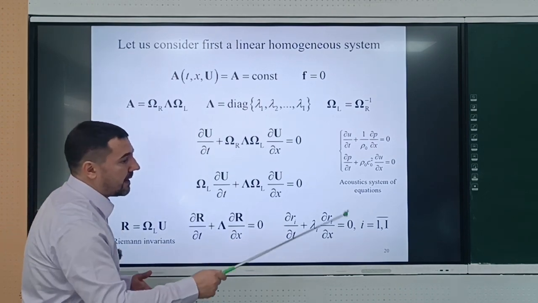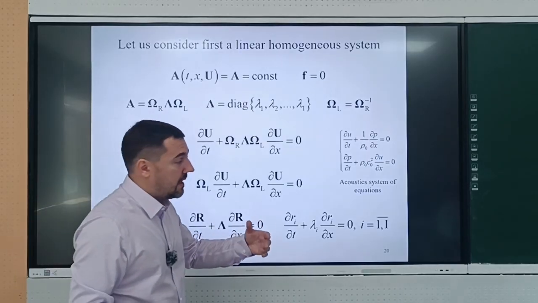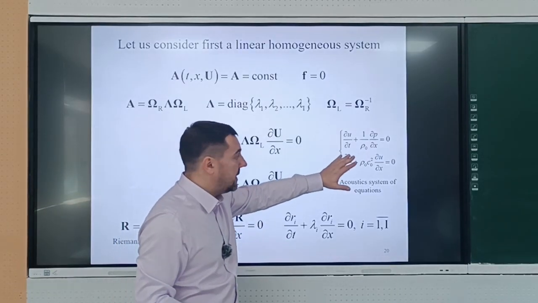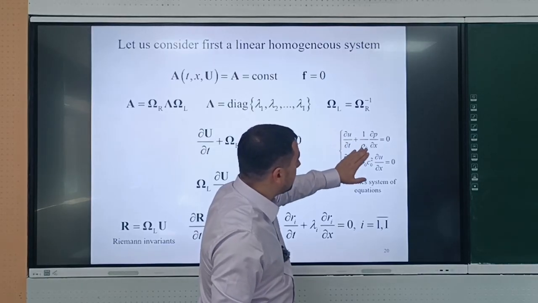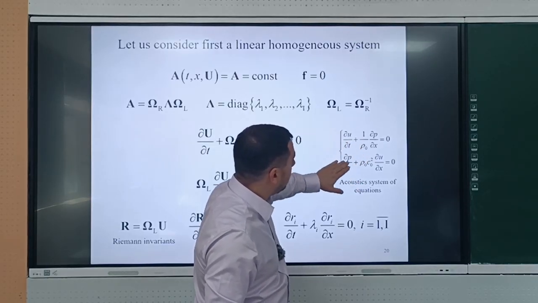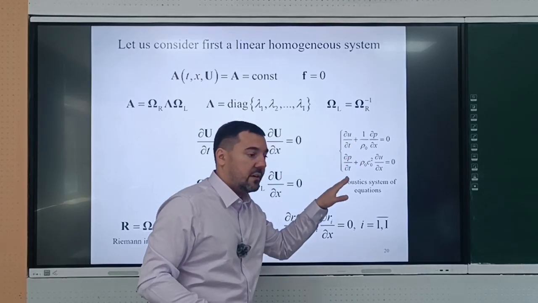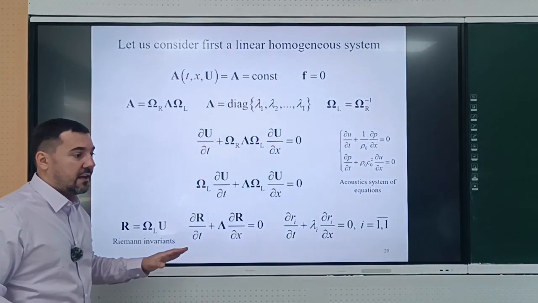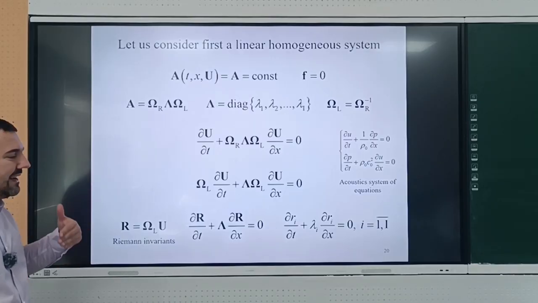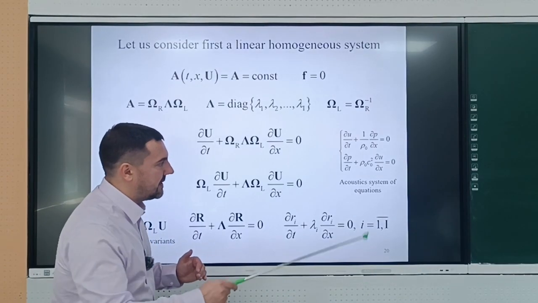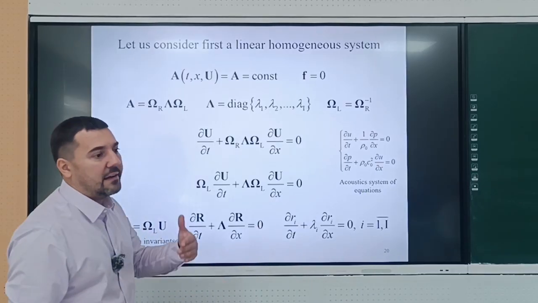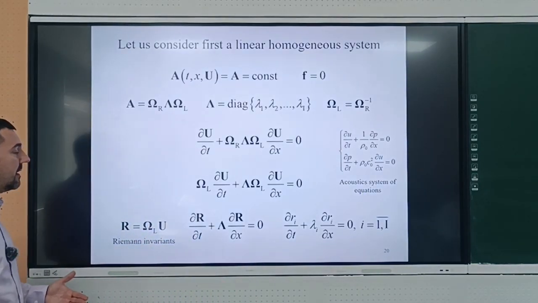It describes the propagation of sound waves, and this system is linear. Here we suppose that density is constant, speed of sound is constant, and we have only two variables, pressure and velocity. So the linearized system of Euler equations is the acoustic system, and it is an example of a linear system of hyperbolic equations.